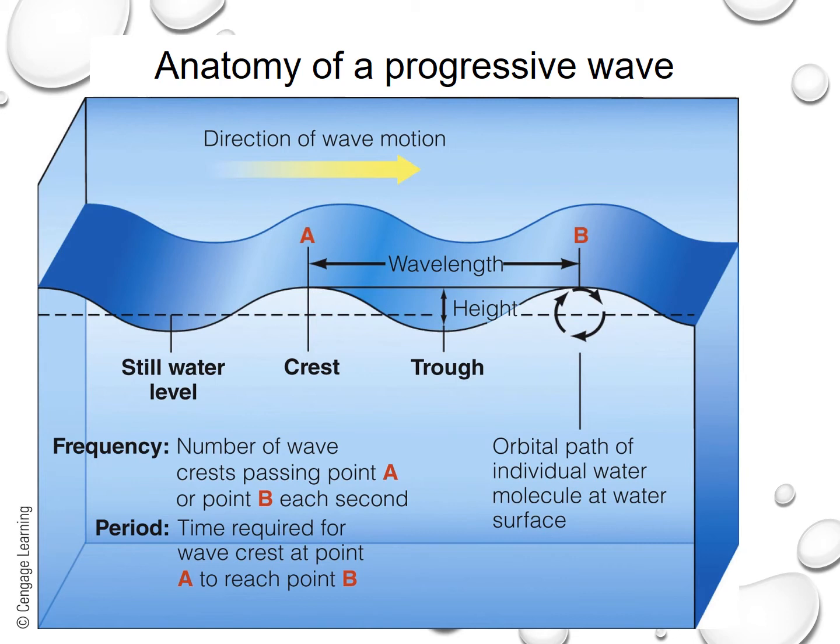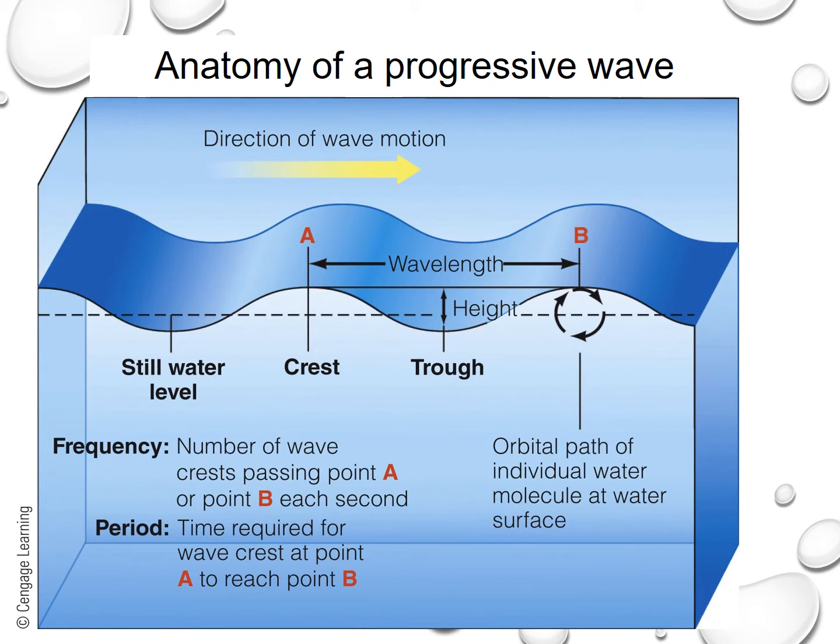First find the dashed horizontal line. This is the still water level. If there was no wind and the water would be totally flat, that's where the water level would be. Hence, still water level. The yellow arrow on the top indicates the direction the wave is moving.